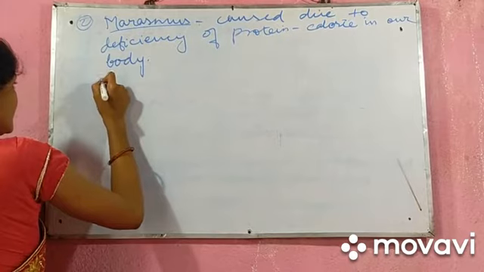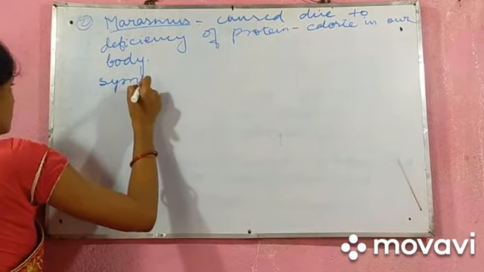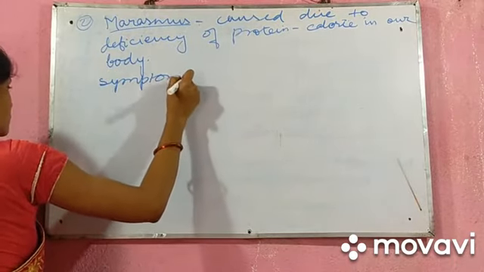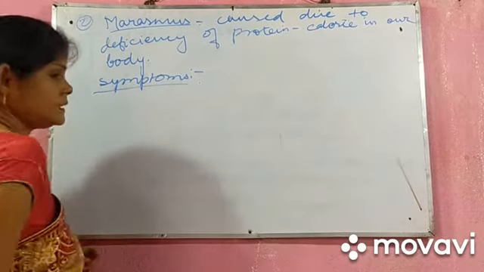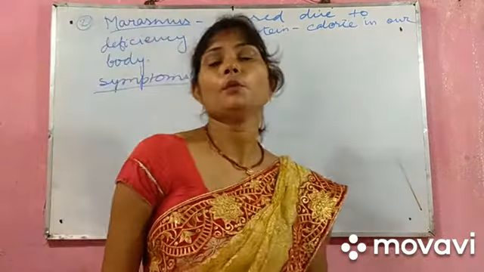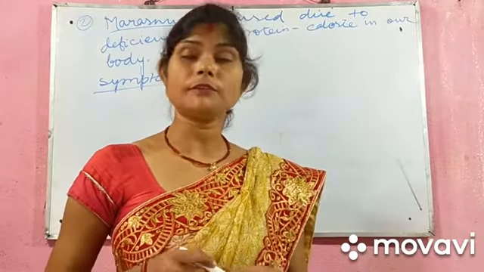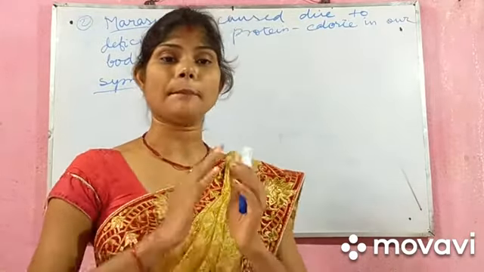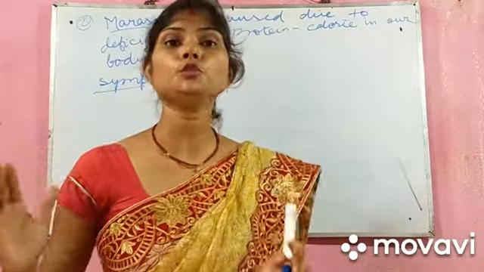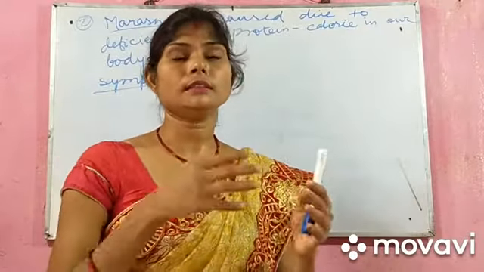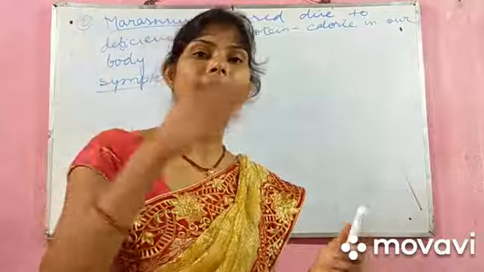So what are the signs and symptoms? This disease is mainly caused in children when the mother is having repeated pregnancies, meaning the mother is not having a gap between the births of two children. When she has given birth to one child, again she has a pregnancy.